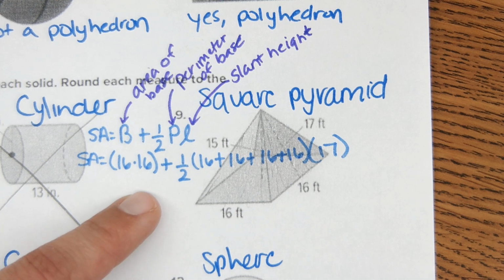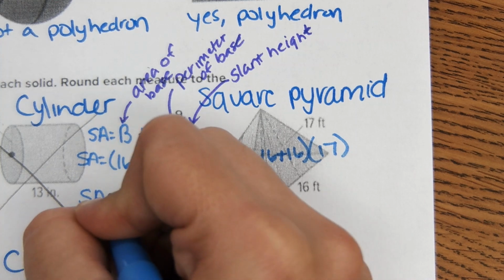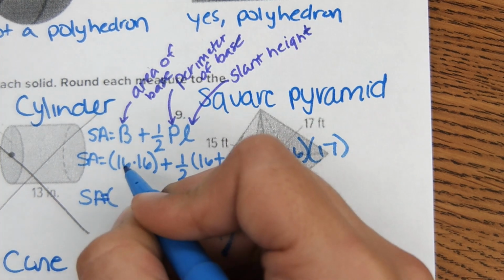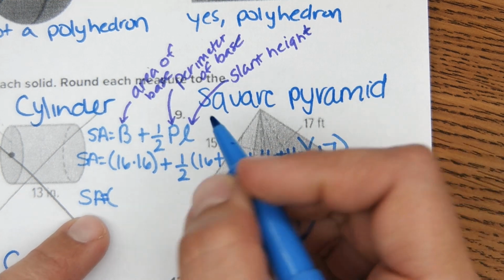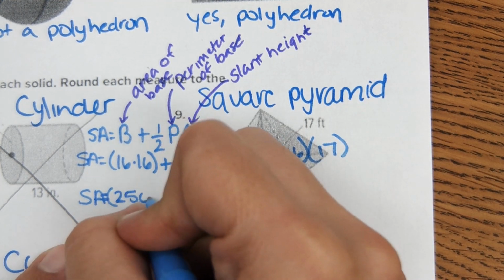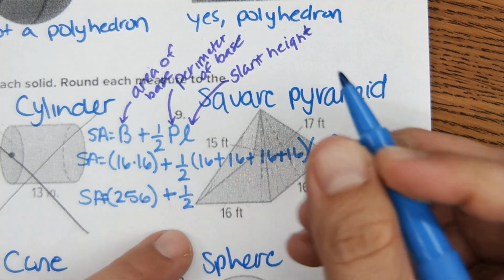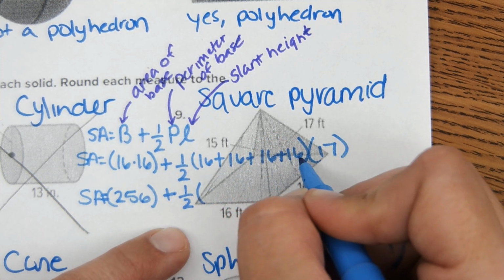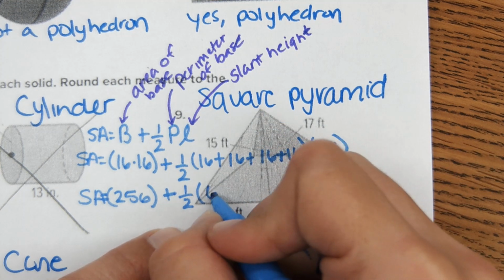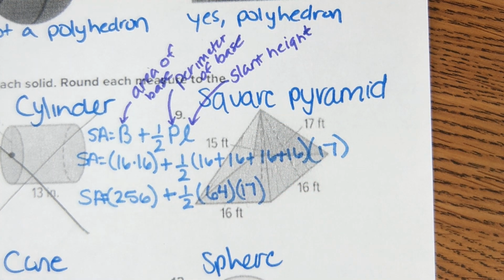Okay. Then once I have all the numbers plugged in, it's just a matter of following order of operations here. So surface area equals, we have to solve everything in the parentheses first. 16 times 16 comes out to 256 plus 1/2 times 16 plus 16 plus 16 plus 16 is 64 times 17.